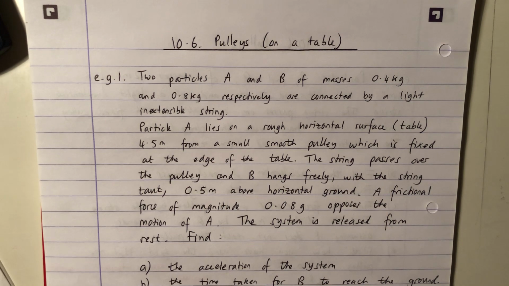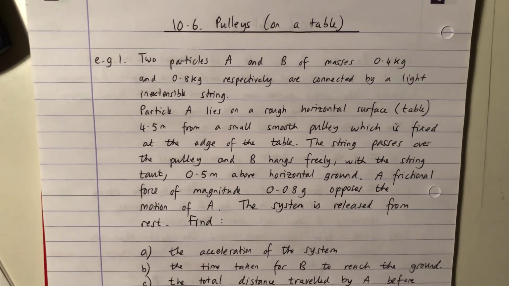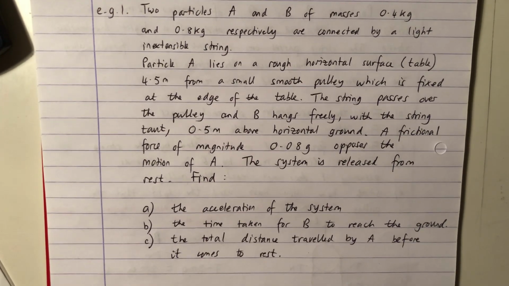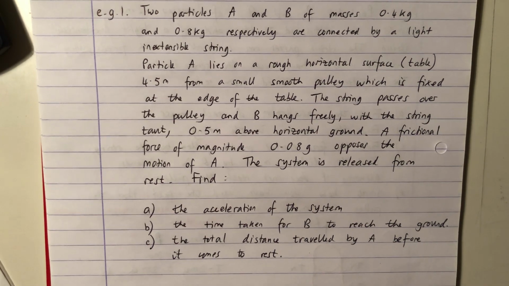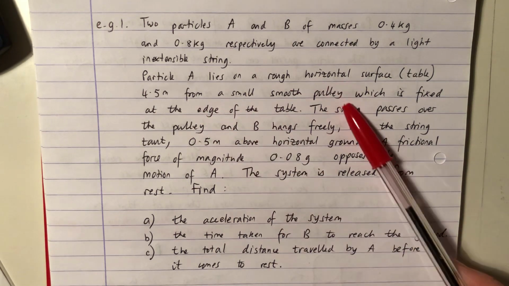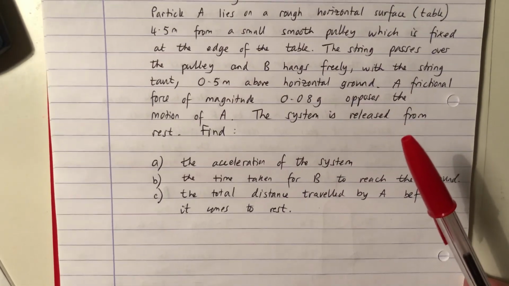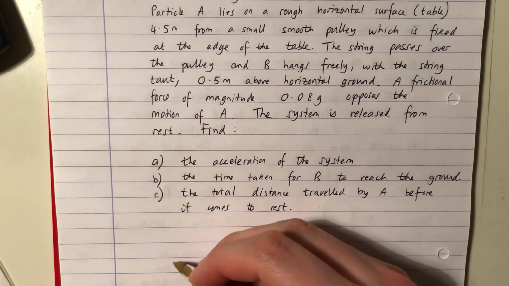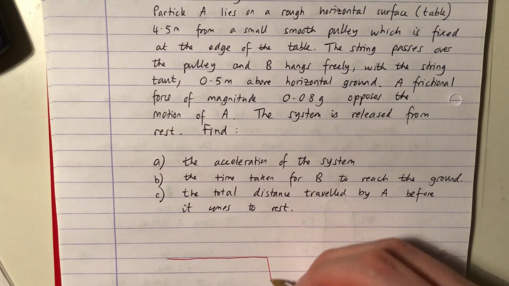So you've got, again, a very wordy question, but two particles, A and B, of masses 0.4 kilograms and 0.8 kilograms respectively, are connected by a light inextensible string. Particle A lies on a rough horizontal surface, in other words, table, so something like this.